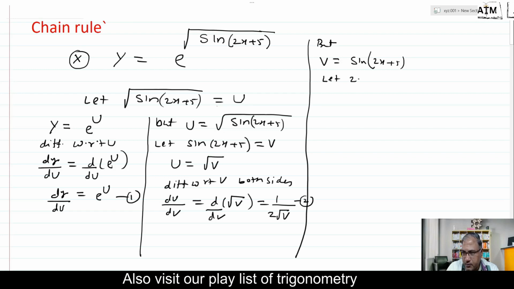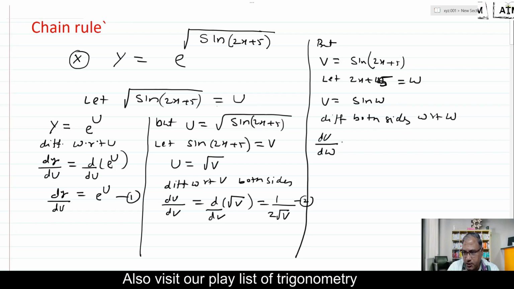Let 2x plus 5 equal w. Therefore, v equals sine w. Differentiating both sides with respect to w, dv by dw equals differentiation of sine w with respect to w, equals cos w. Let us call it equation number 3.